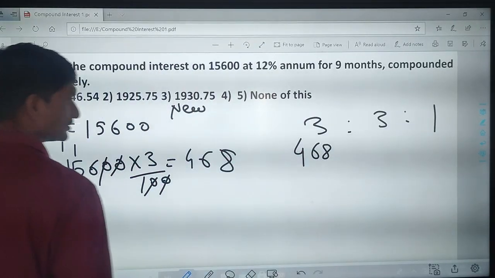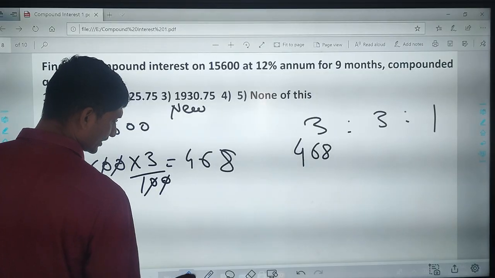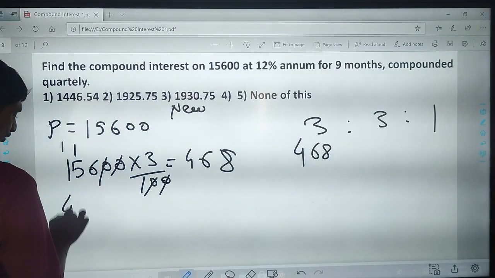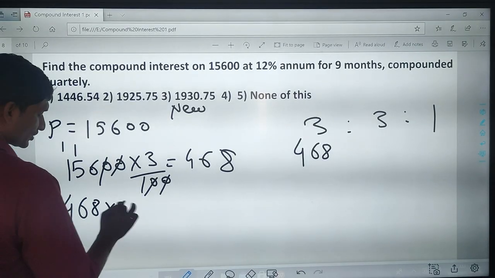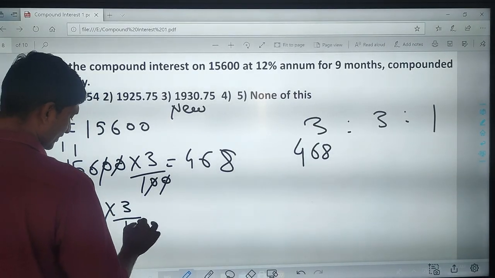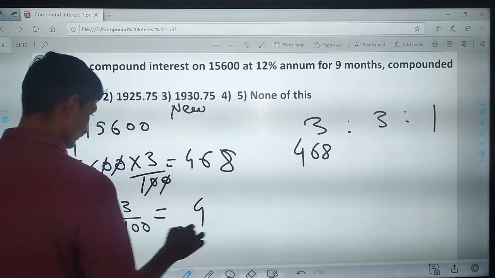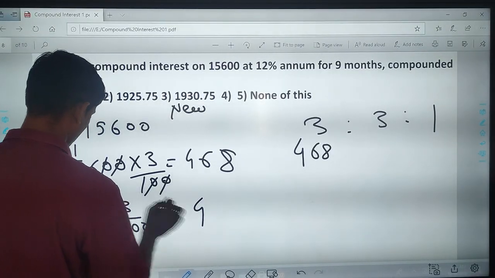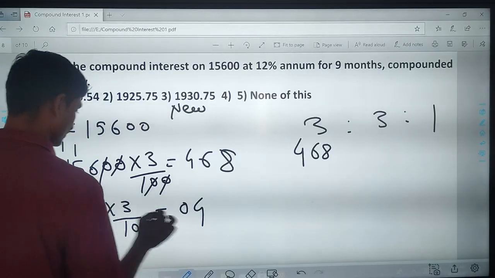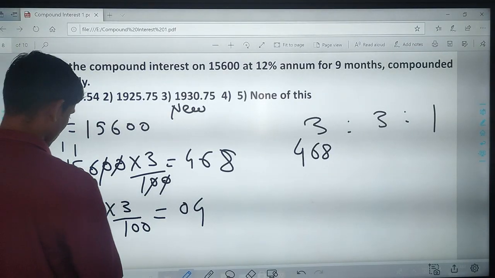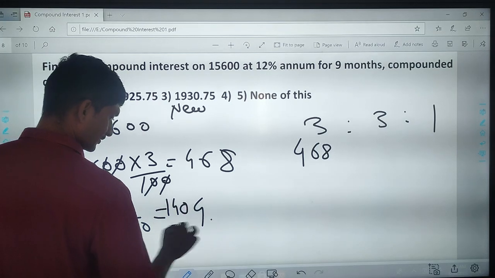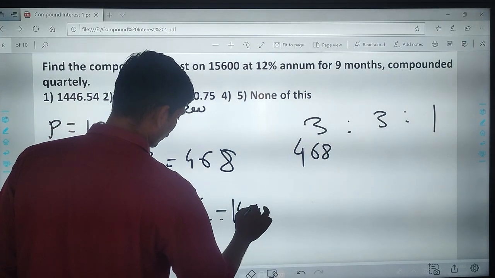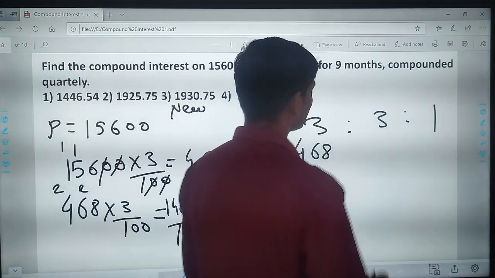468. We take 3% of this value. Also we take 3% of 468, into 3 upon 100. Now here 14.04.